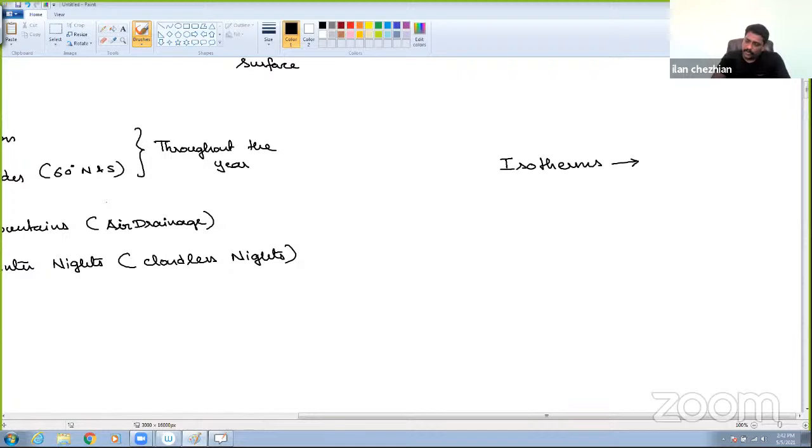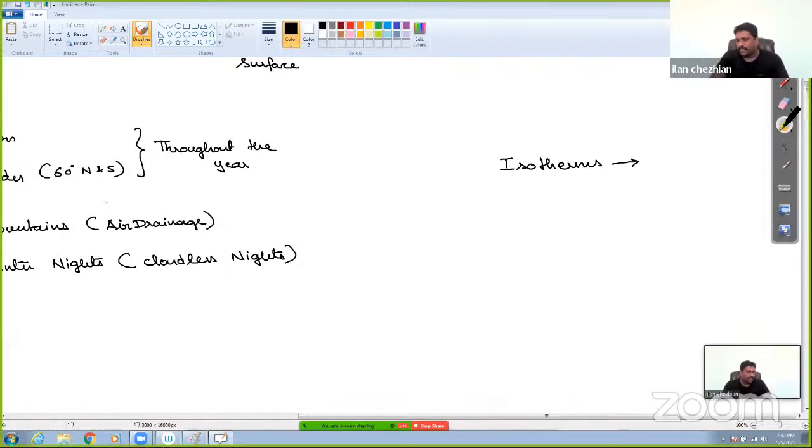Most of the time, I would always say, to understand geography, if you know the basic meaning of the common words, most of the concepts you can make it through. For example, isotherm. Therm means temperature, iso means similar.